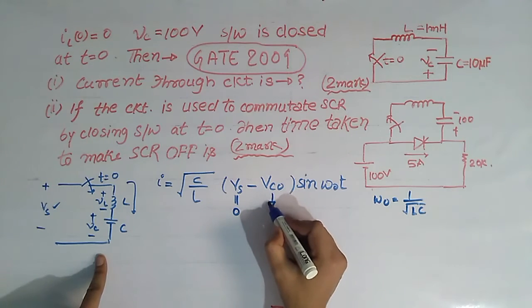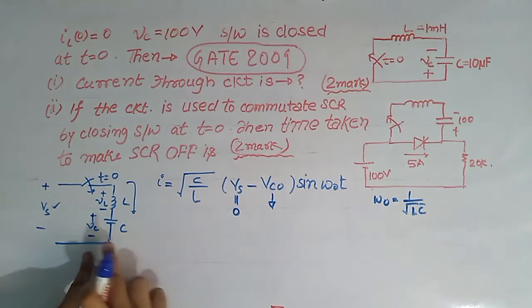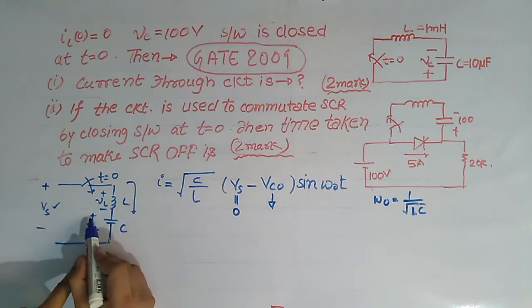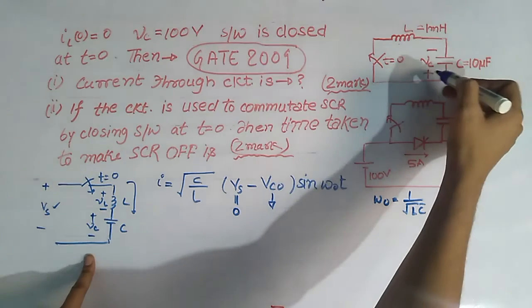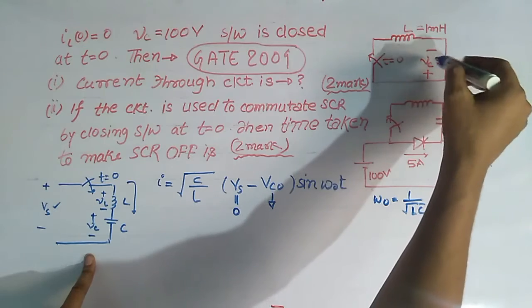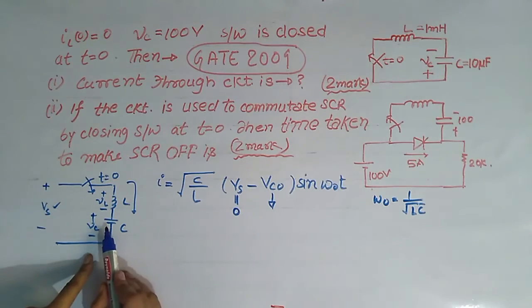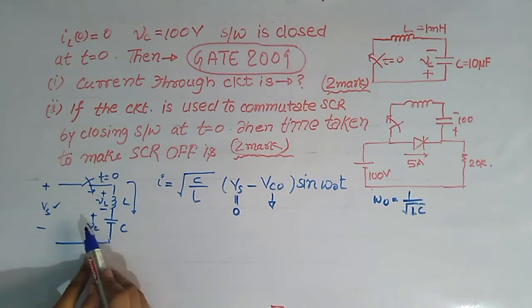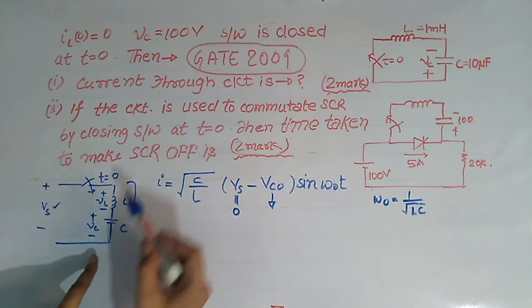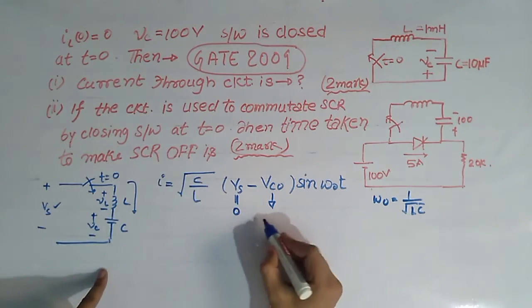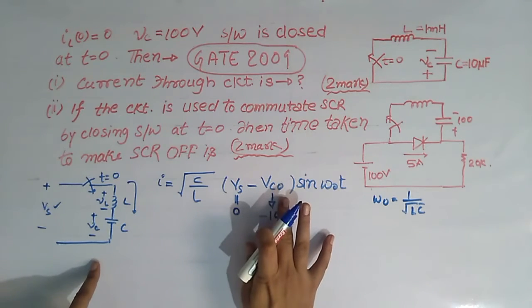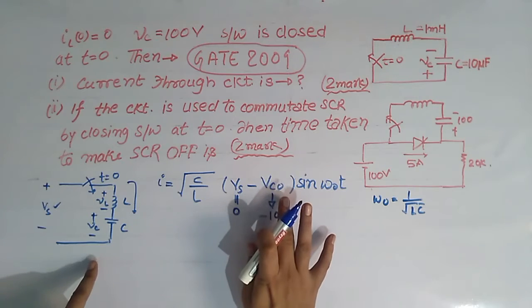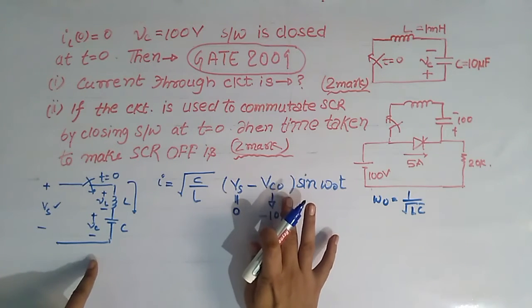But the polarity taken for this equation is such that the upper plate is charged negative, while in this circuit the upper plate is charged positive. That's why we will write capacitor voltage equals minus 100 volt. That is the initial capacitor voltage, that is VCO, the voltage at capacitor at t equals 0.